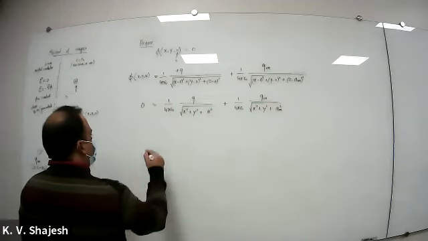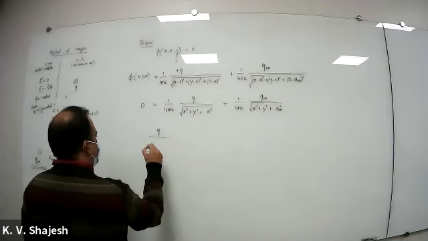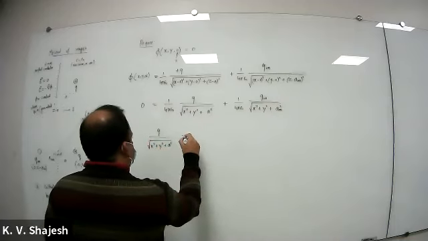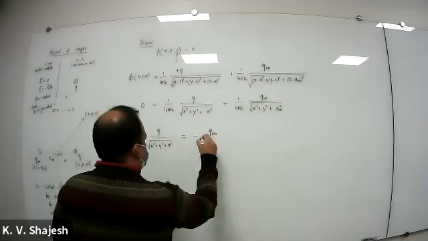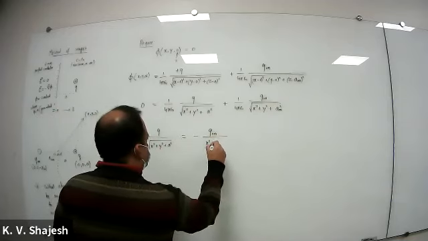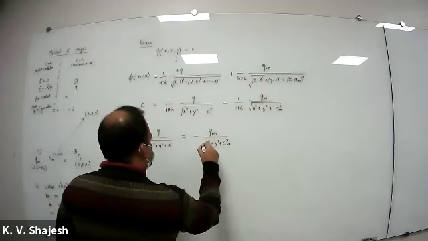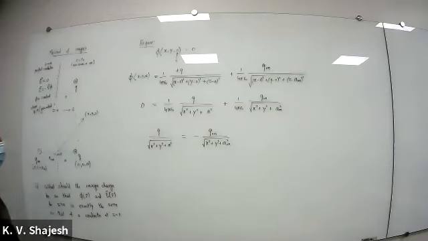I can cancel out the 4 pi epsilon naught. So I write this as q over x squared plus y squared plus a squared is equal to minus q image over x squared plus y squared plus a image squared. This is true for any x and y.